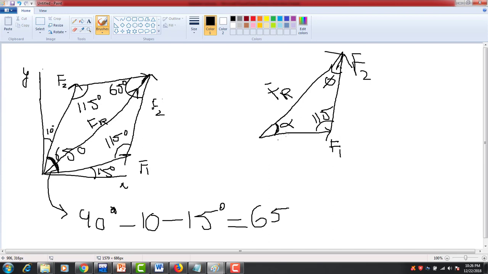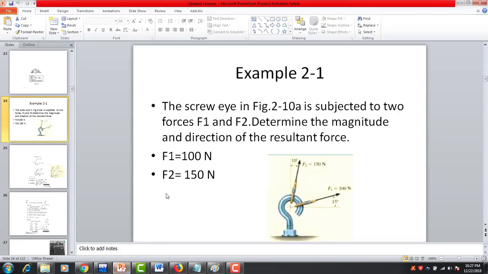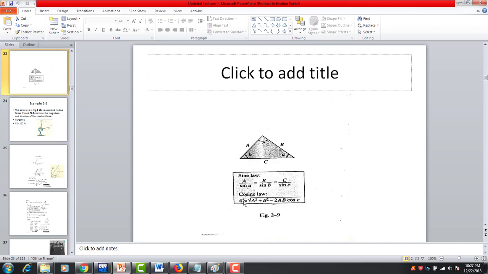Now by using the cosine law, we can find the resultant of these two forces. By the cosine law, c equals under root a square plus b square minus 2ab cos C. The opposite angle C will come here.